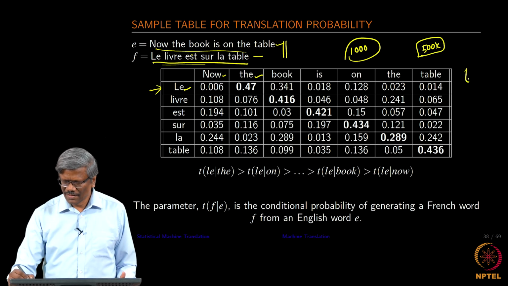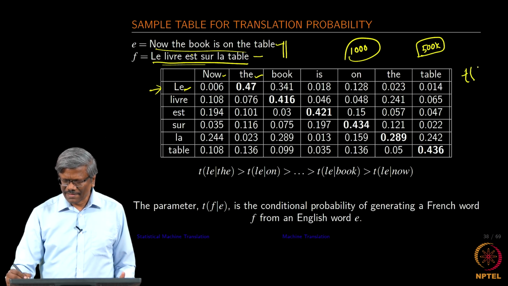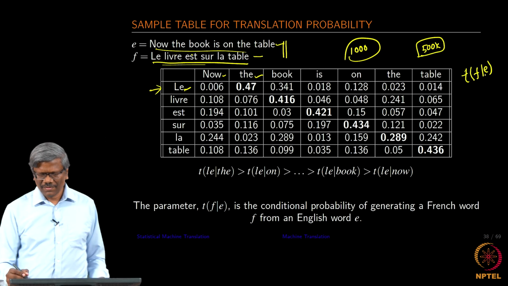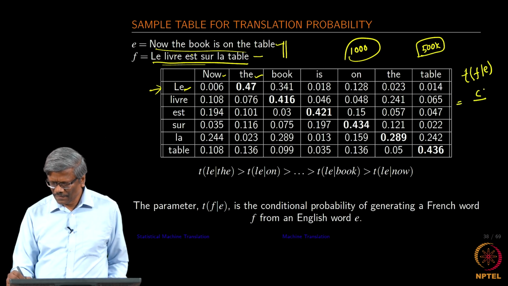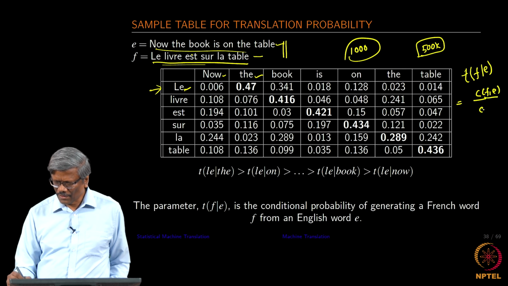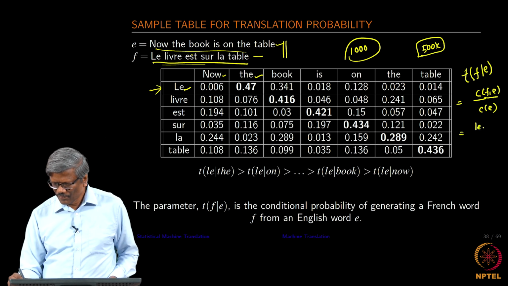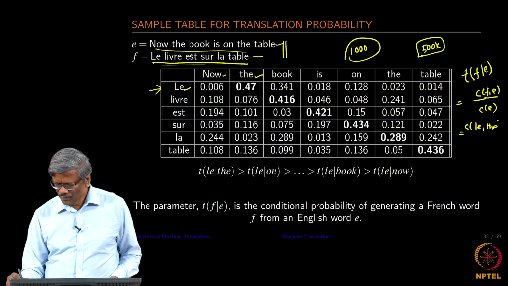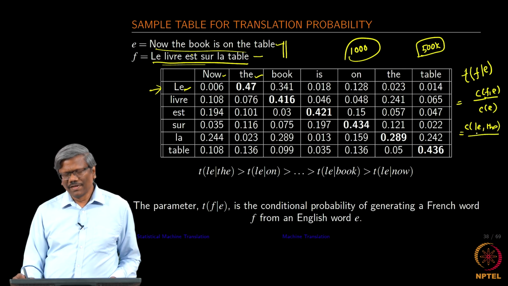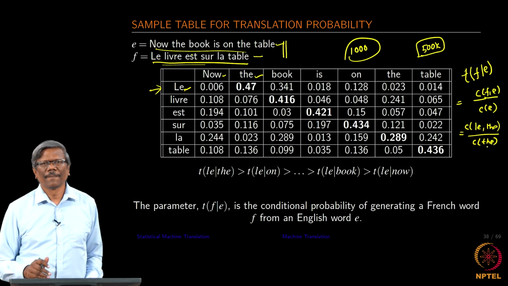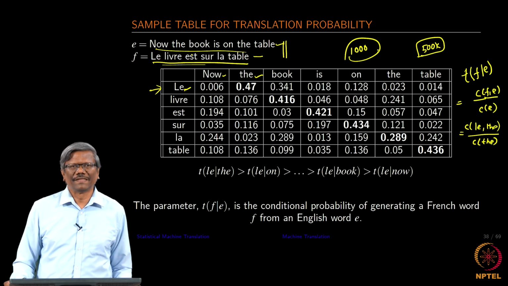For example, if you want to find the translation probability of the French word given the English word the, it is nothing but the count of how many times le aligned with the, divided by the number of the that you find in the entire corpus of 1000 sentences.